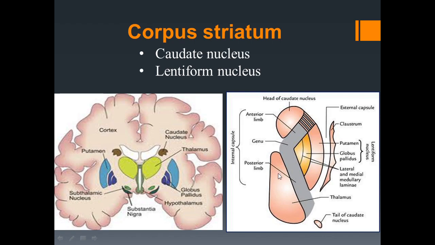The thalamus and corpus striatum are separated by a bundle of white fibers called the internal capsule. So corpus striatum consists of caudate nucleus and lentiform nucleus, and they are separated from the thalamus by the internal capsule.